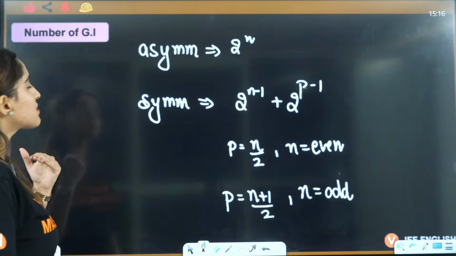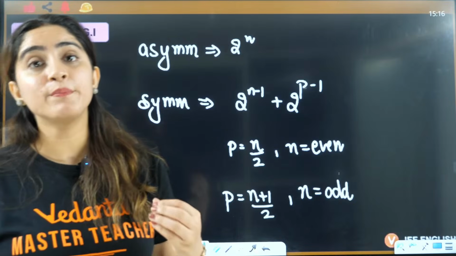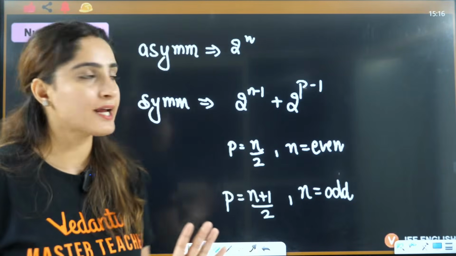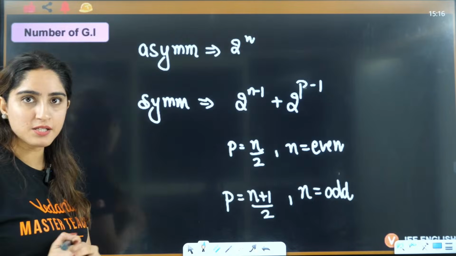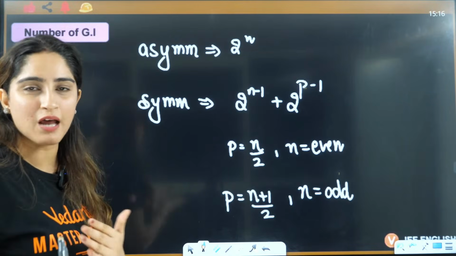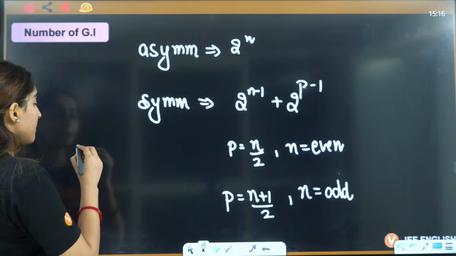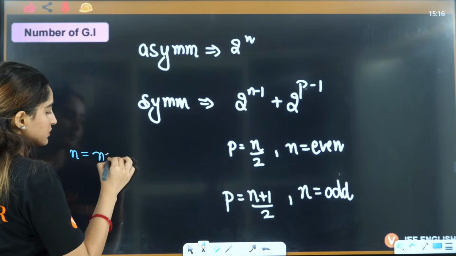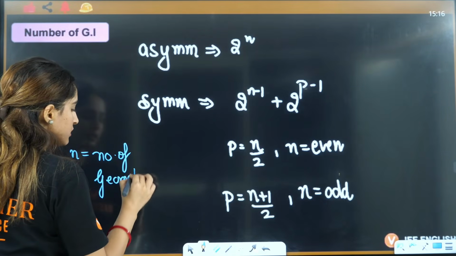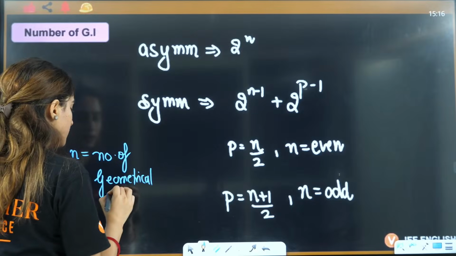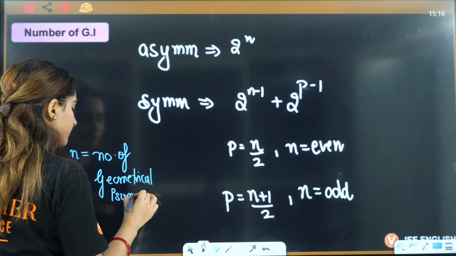So let's discuss how to calculate the number of geometrical isomers. These are the formulas. The formulas are very simple, you just have to apply them, right? But what is this n? n is the number of geometrical isomer sites.